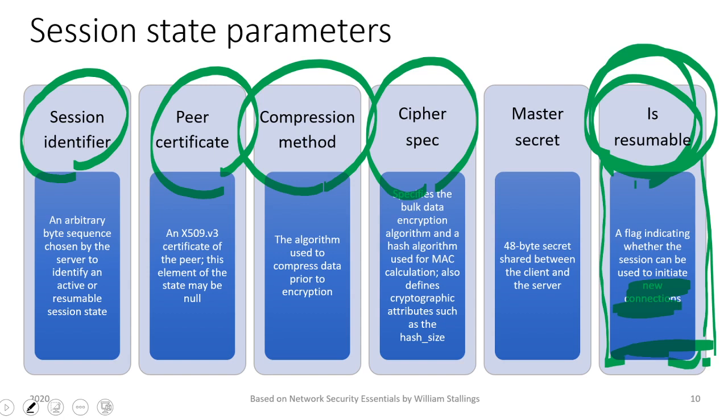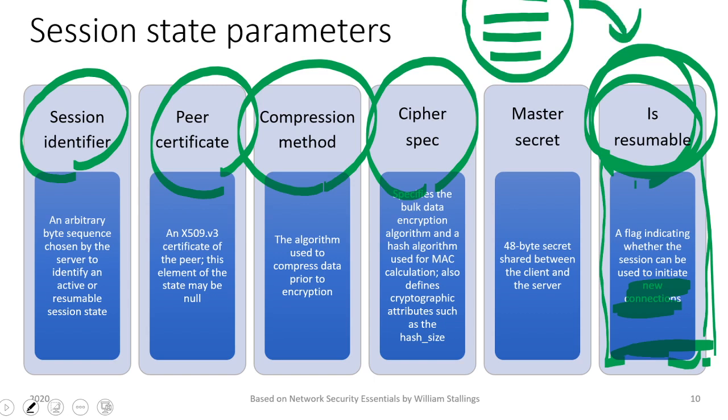That is the main parameter of a session that is relevant to having more connections. So if you want to establish multiple connections within the same session, then we should have the is-resumable flag set to active.